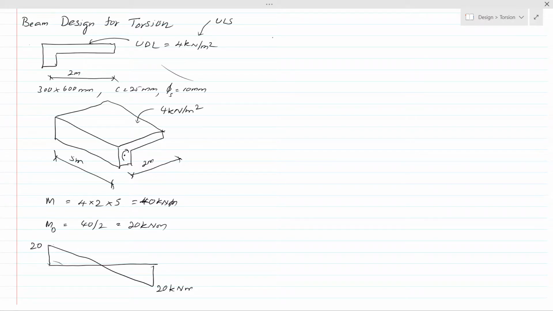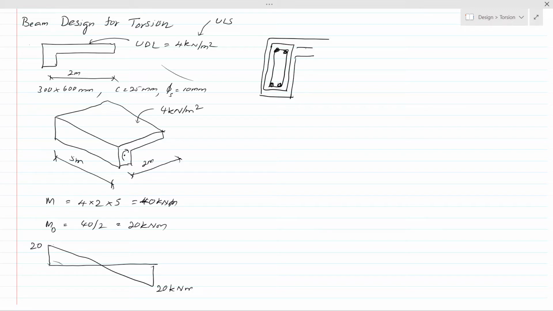When you design a beam for torsion, you have to calculate the minimum and maximum distances of these stirrups. The stirrups will be like this. Here is a slightly enlarged view of the stirrup.